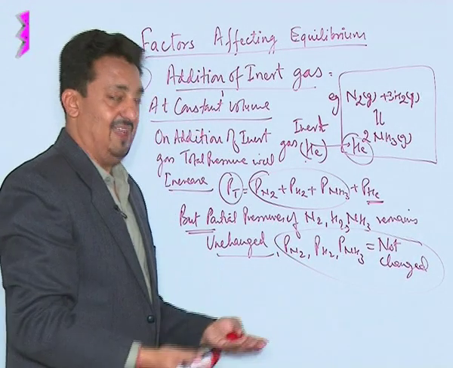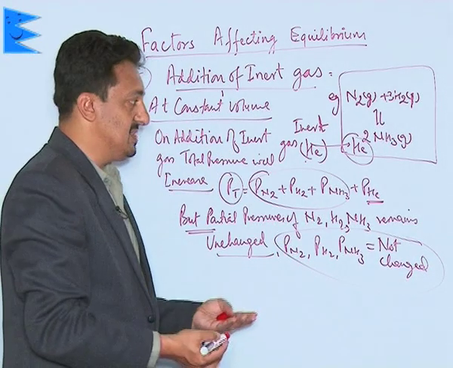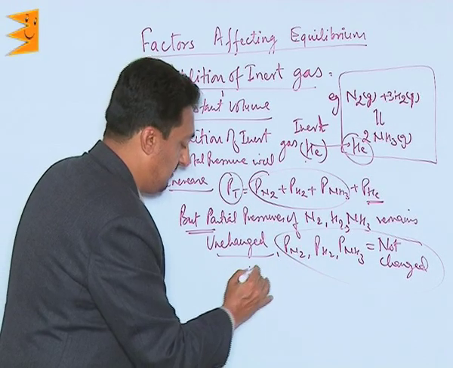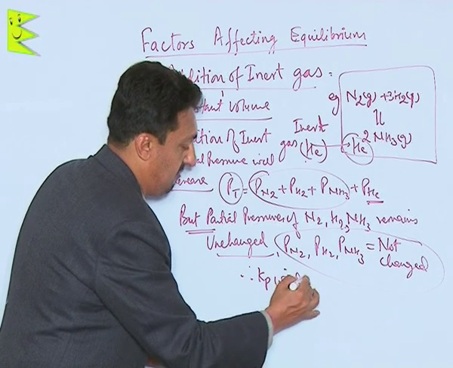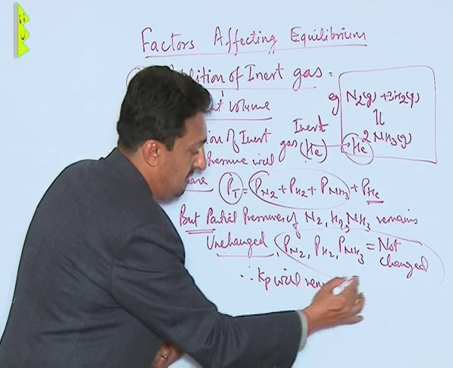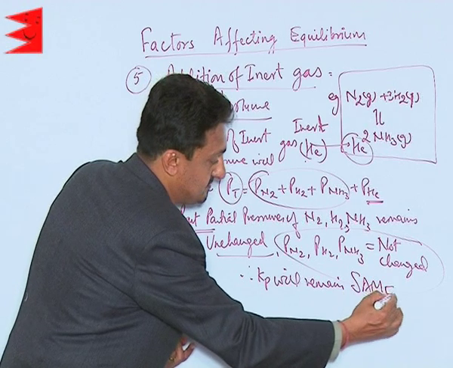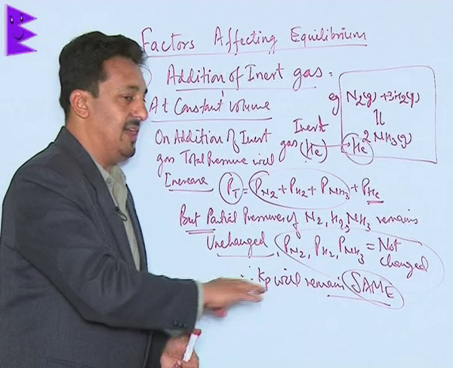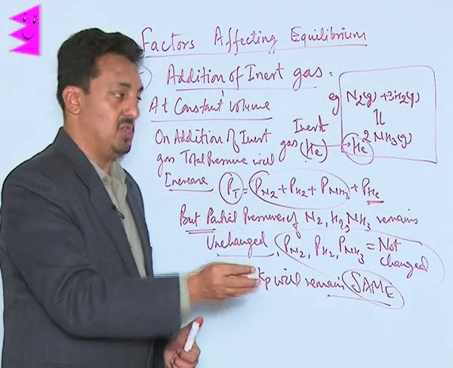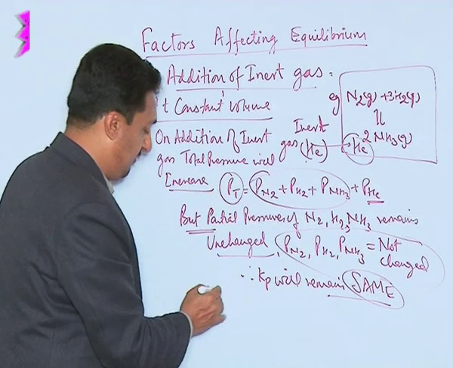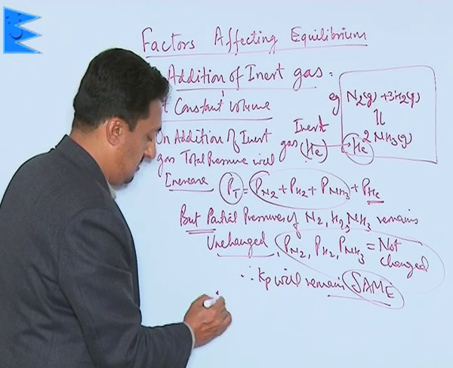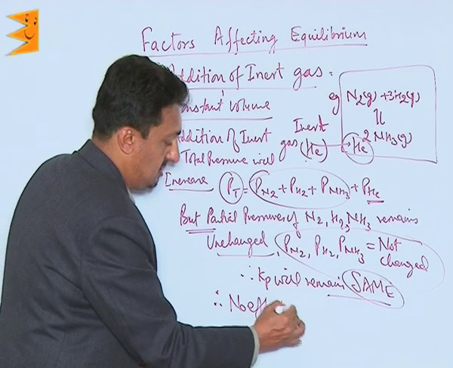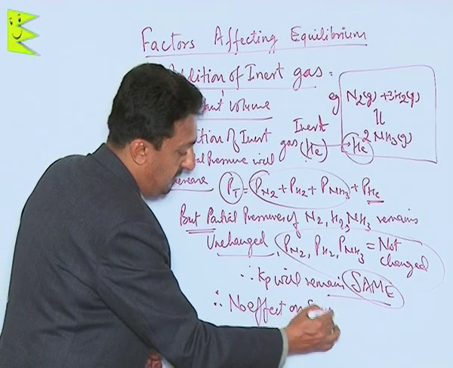Since they have not changed, the partial pressures are the same, so Kp will remain the same. Once Kp is the same, the equilibrium has no effect of addition of an inert gas at constant volume. Therefore, no effect on equilibrium.